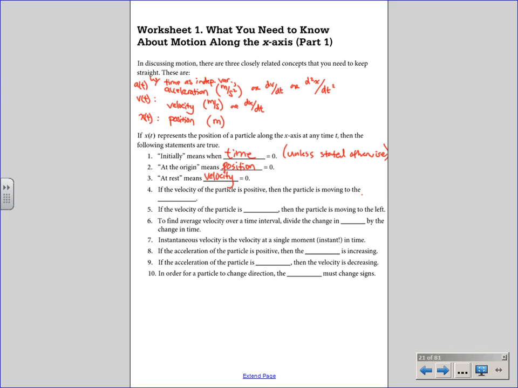You have some experience with this, which makes it easier, but some which makes it harder. For instance, you think if you're at rest, your acceleration is 0, right? Sometimes. When could you be at rest? Acceleration is not 0.